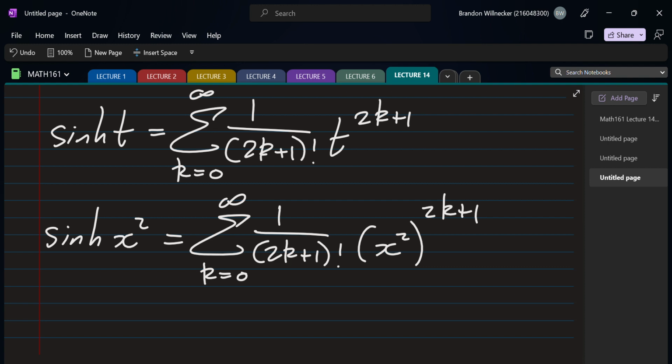Or if I ask you for sine hyperbolic 1 over x, you just put in 1 over x. You don't have to redo everything. Would there be a penalty if I just write the series without showing the steps and then substitute? Yeah, that's fine. You just put it in. If you write the series down and it's correct, you get the marks.